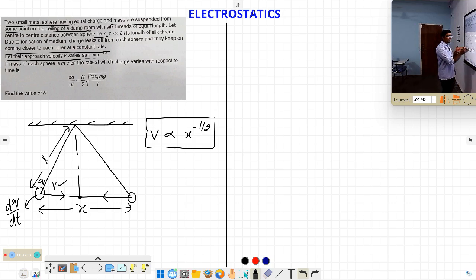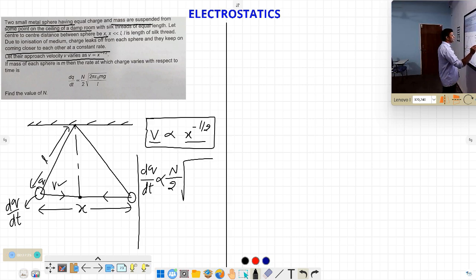They move towards each other instead of repelling. What are they asking? dq by dt is proportional to, not equal to, n by 2 into under root of 2 pi epsilon naught into mg by L. The question asks us to find the value of n.